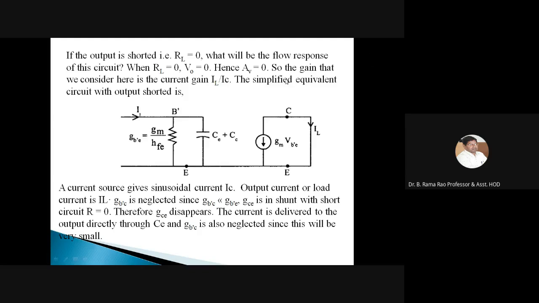So the gain we consider for this circuit is the current gain, which is the output current by input current. This is the simplified equivalent circuit with the output shorted.